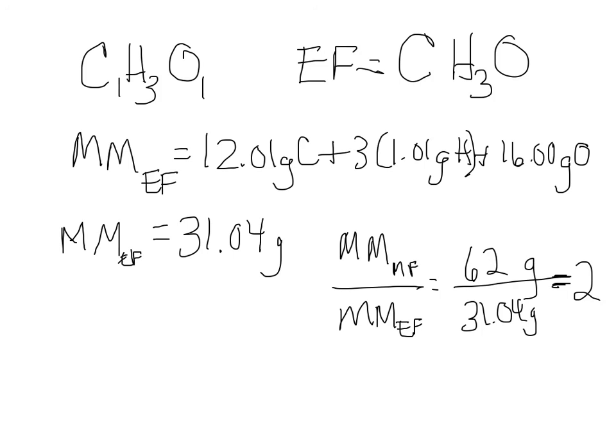So to actually find the molecular formula, I'm going to multiply the 2 by CH3O, which is the empirical formula, and I'm going to get a molecular formula of C2H6O2.